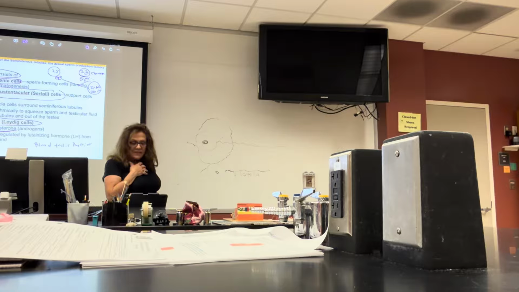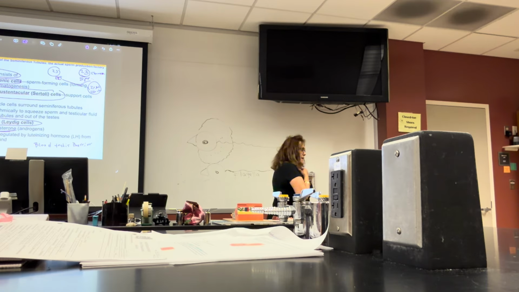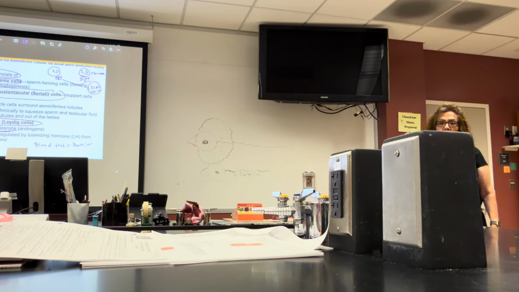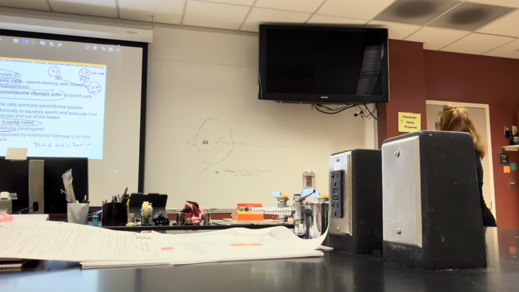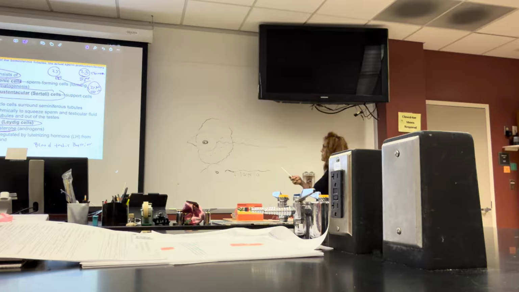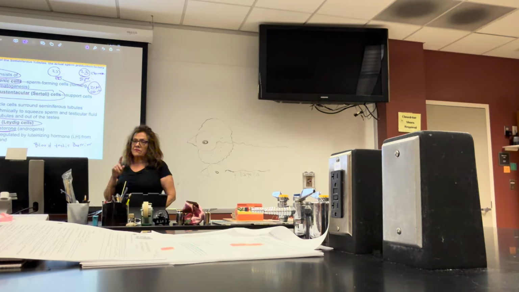Okay, so the interstitial cell is the fourth type of cell in the seminiferous tubule. Interstitial cells are responsible for production of testosterone, okay? So this is the important slide on the testes and seminiferous tubule, okay?